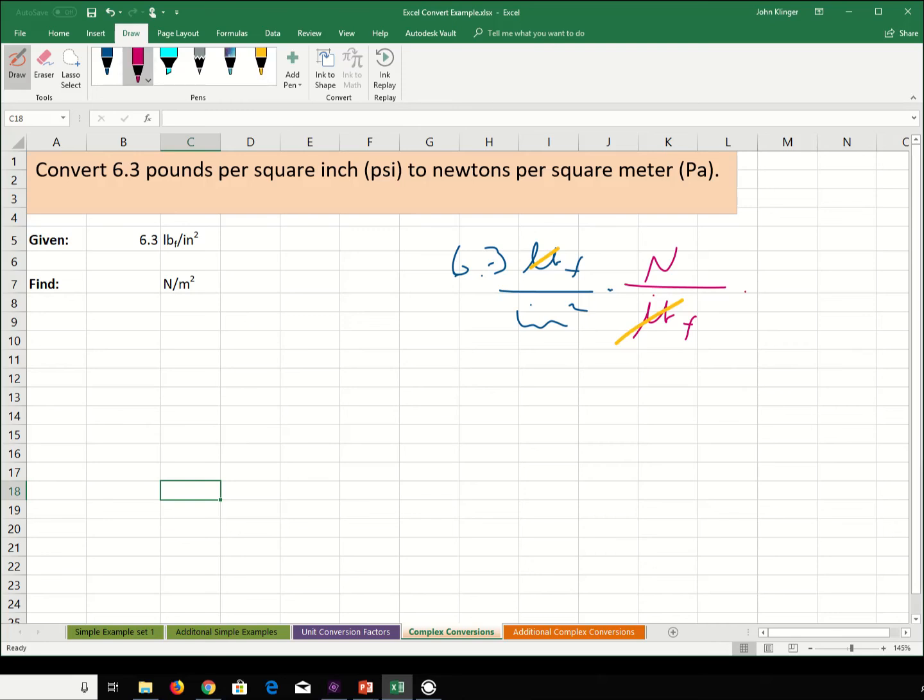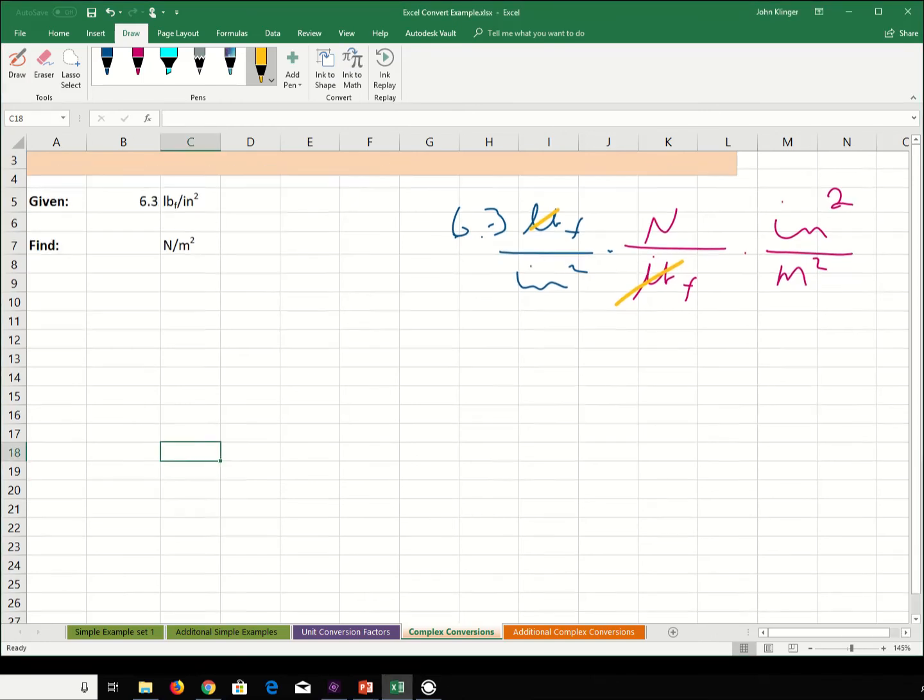Now I need another conversion factor, and that's this one over here. I need to do my inches squared. Those need to be in the numerator, and in the denominator I want my meters squared, right? This is really the whole combined thing. So let's take a look and write this out. Now I have my inches squared will cancel out.